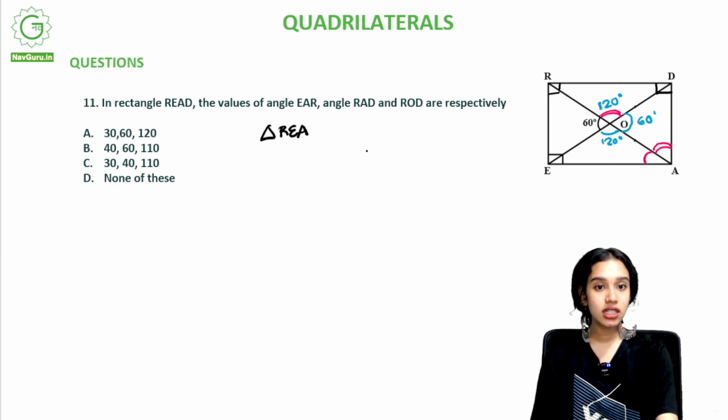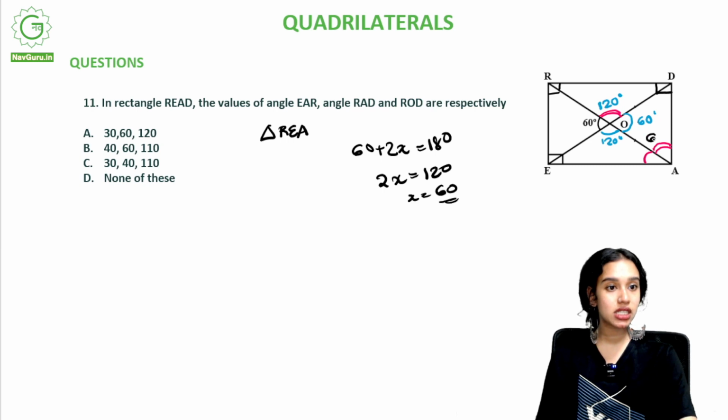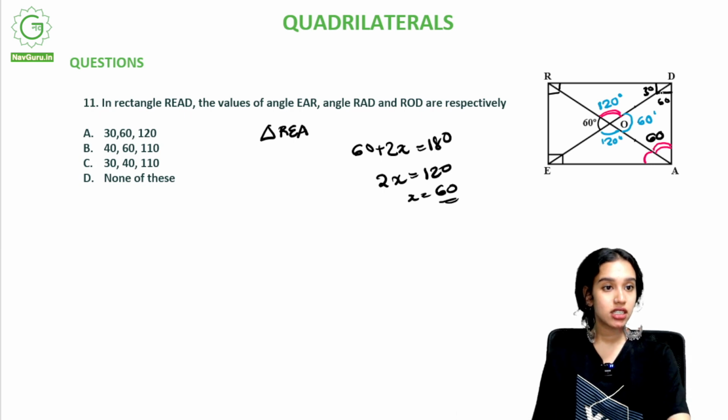This is 60. So 60 plus 2x would be equal to 180. So 2x would be equal to 180 minus 60 is 120 and x is equal to 60. So this would be 60 and 60. This is 60, this is 30, right? 90 degrees. So this is 30, this is 120.